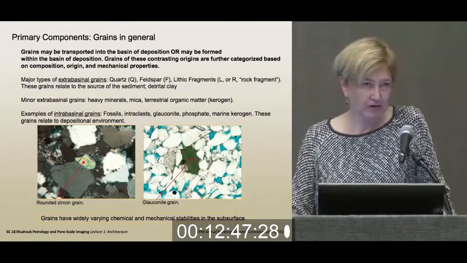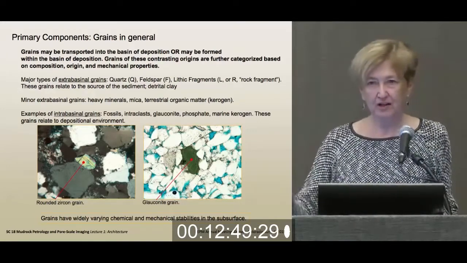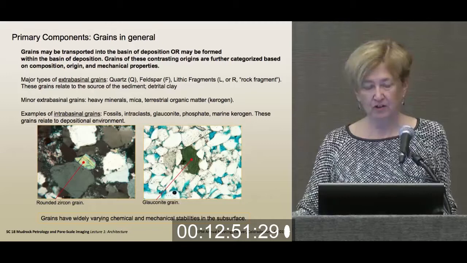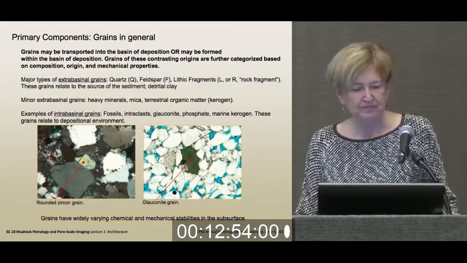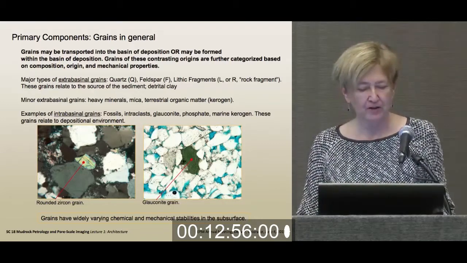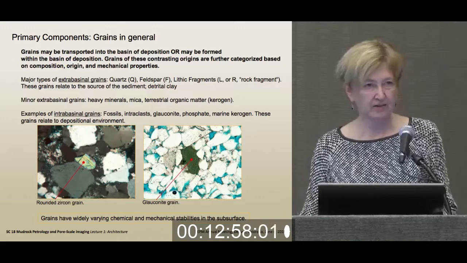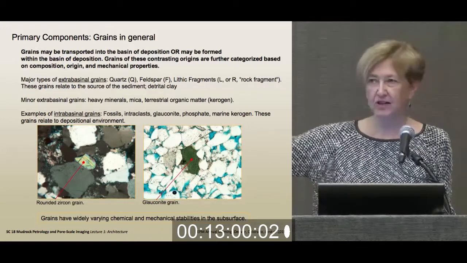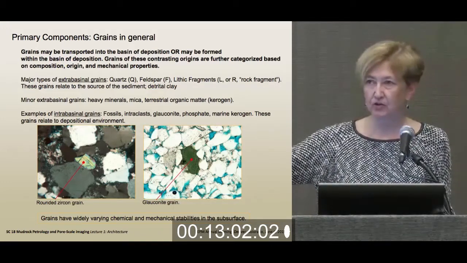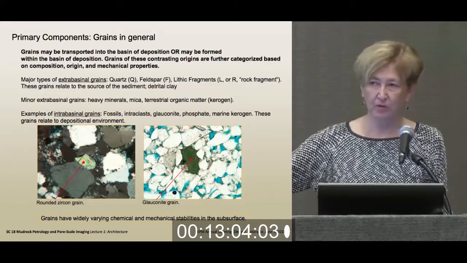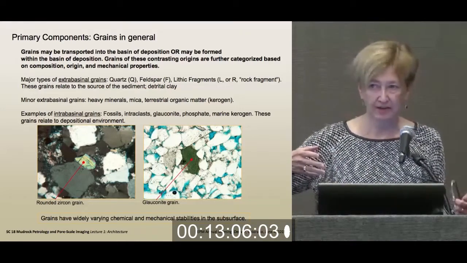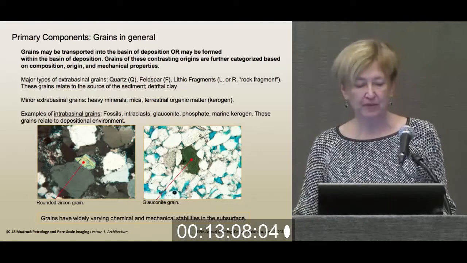Another way to categorize grains, so we've looked at absolute size, relative size, and now we're going to consider the origin of grains. Another way to divide grains is into those that come from outside the basin. We call those extrabasinal grains. And ones that are born inside the basin, we call those intrabasinal grains.